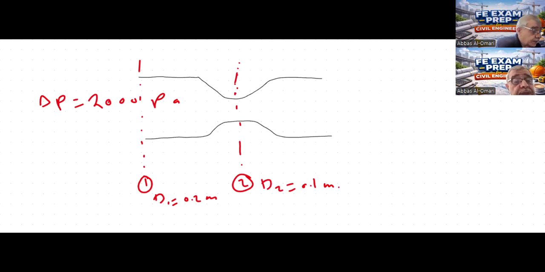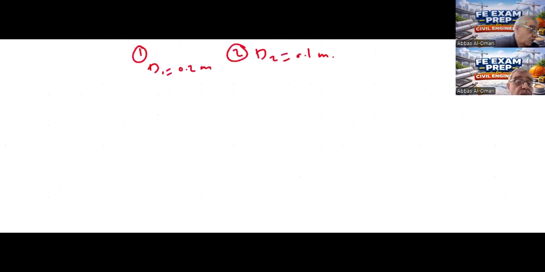So the required is to determine the flow in the pipe. To solve this problem, we apply the Bernoulli equation between sections 1 and 2.